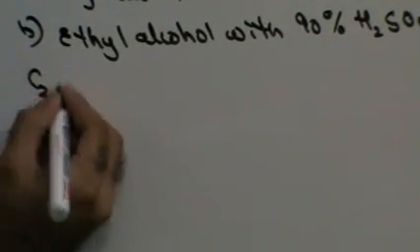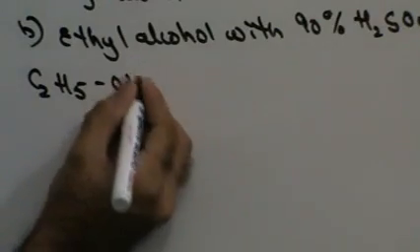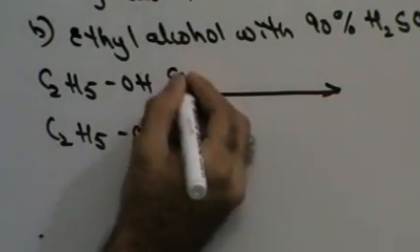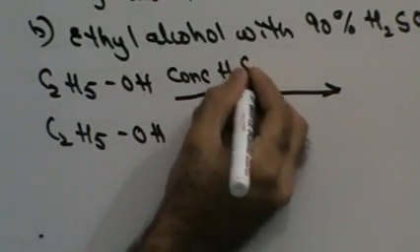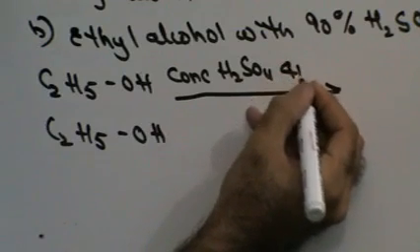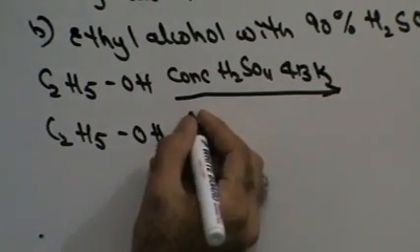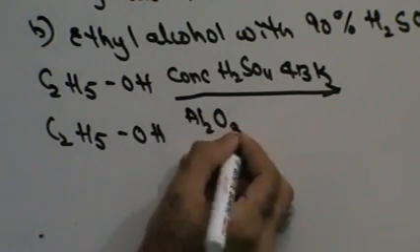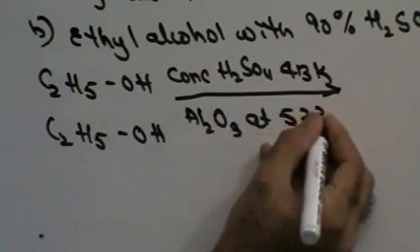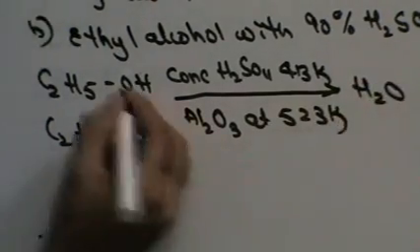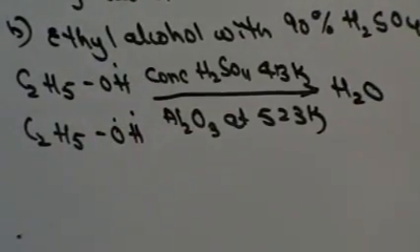Ethyl alcohol, C2H5OH, C2H5OH. I'm using 2 molecules. I'm going to use concentrated sulfuric acid at 413 Kelvin, or I will use aluminium oxide at 523 Kelvin. Right? Dehydration takes place, water molecule is out, H2O, right?